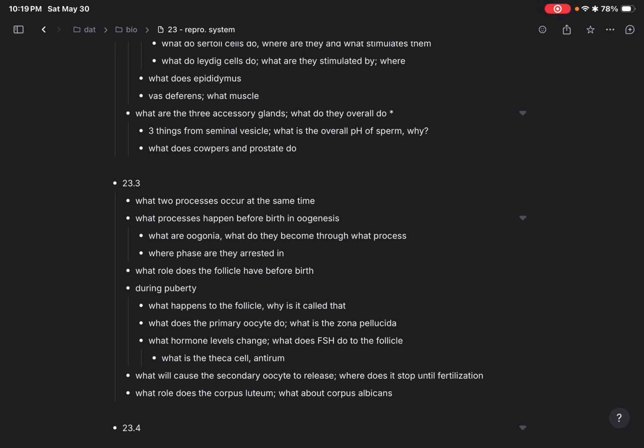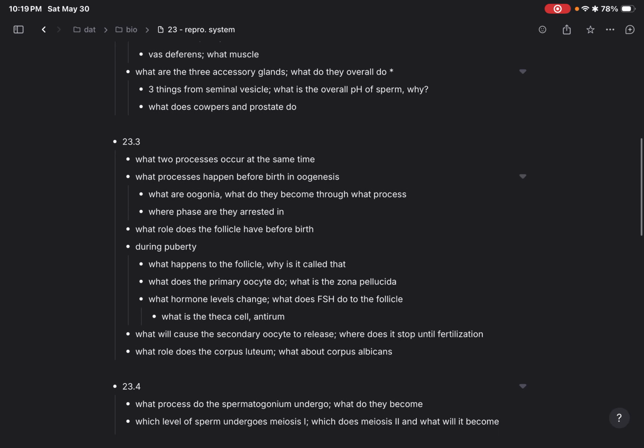The prostate gland will release alkaline fluid to make it more basic. Then the Cowper's gland will make it more lubricative to exit the urethra, and also more alkaline to neutralize urine.